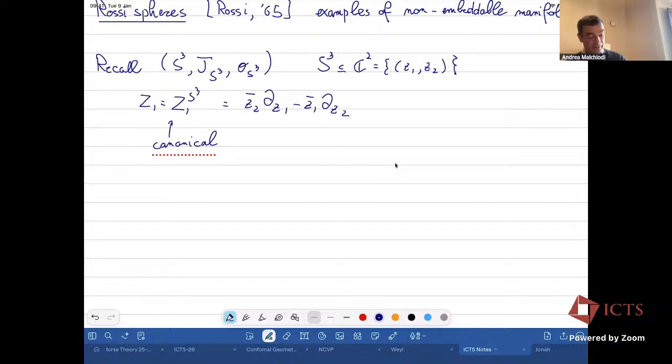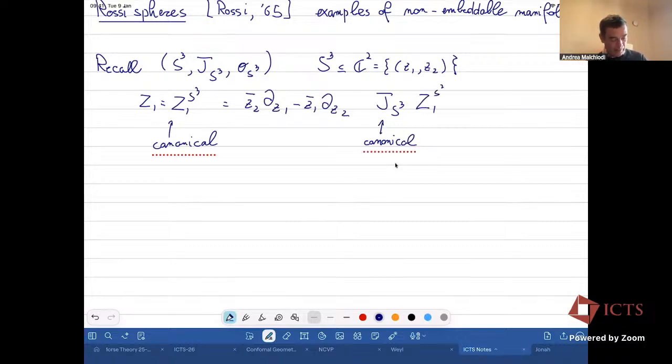And the canonical complex rotation of S3 is the one sending z1 S3 into i times z1 S3.